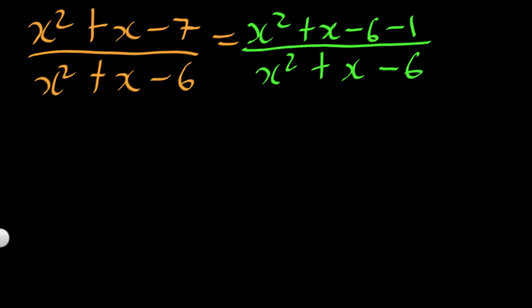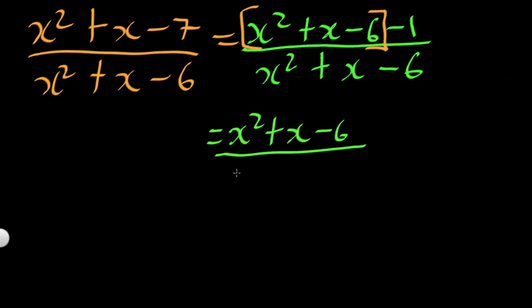I'm doing this manipulation because I have seen something. I've seen that I can have the denominator in the numerator. So I'm going to split it like this. Now I'll have two fractions from here. This is the algebraic manipulation that I was talking about. So we have x squared plus x minus 6 over x squared plus x minus 6.